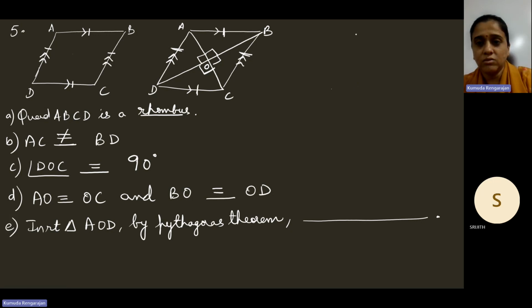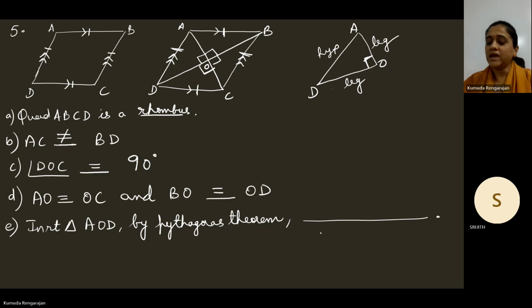Let's take the triangle alone. Okay, this is the triangle AOD. This is 90 degrees. Which is the hypotenuse? This is the hypotenuse because it's opposite the right angle. So these are the legs. Leg square plus leg square is equal to hypotenuse square.